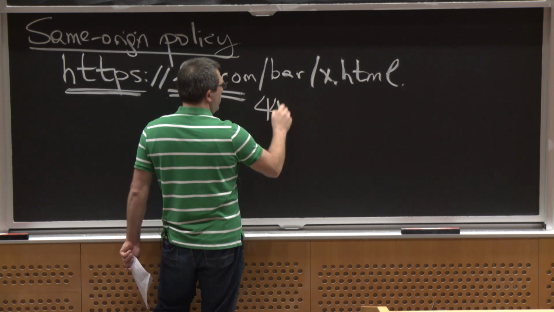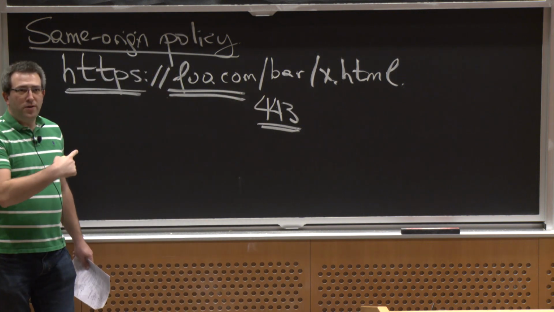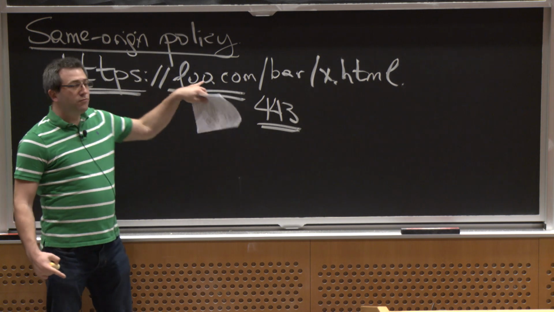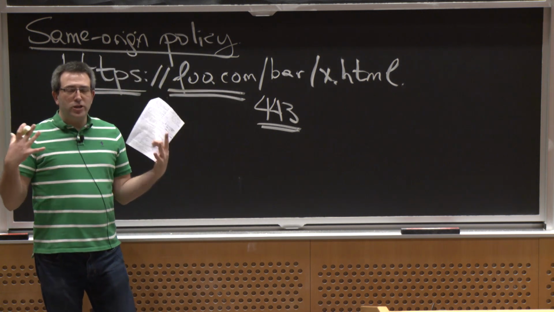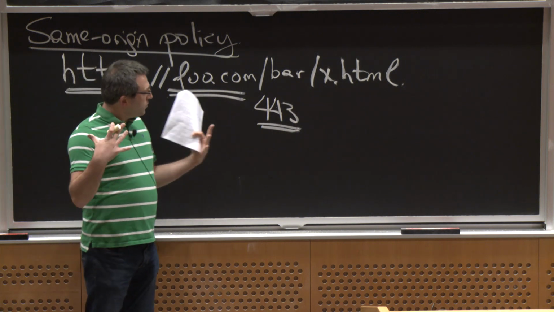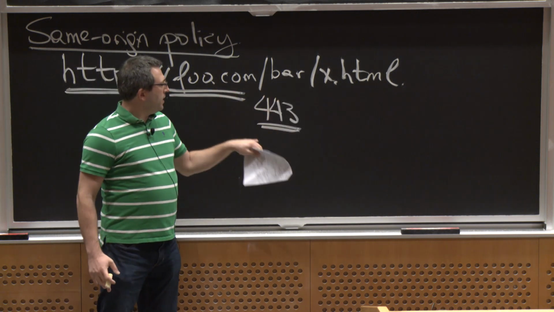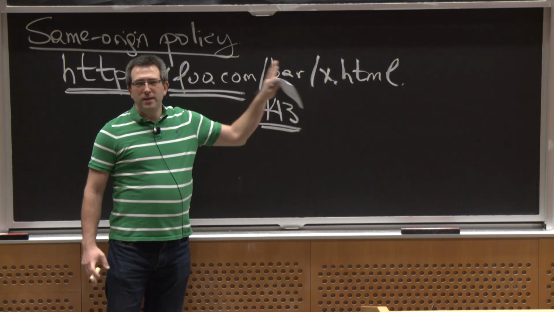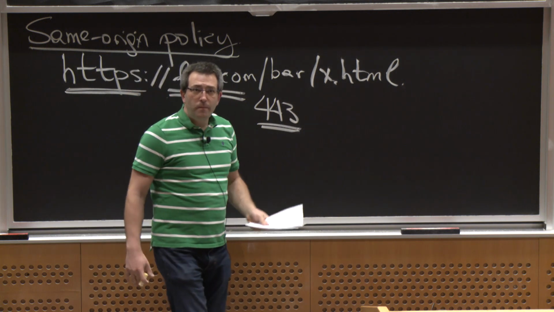So 443 is an implicit port number in this URL, but it's the port number that this server is listening on when it's receiving a request for https://foo.com. So when we're talking about the origin, it's a thing you can associate with a URL to start with. And here, the origin of this whole URL is going to be https foo.com 443. The path doesn't matter for the purposes of the origin. They're all in the same bucket.